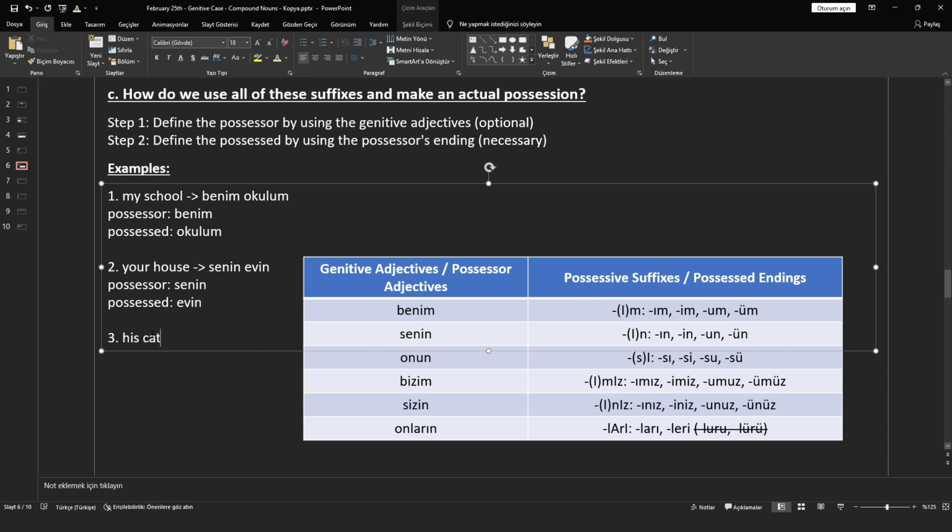Good example, his cat. Possessor here: his is onun. And the possessed noun: onun uses this s. We need to check the last letter. So kedi is cat. There's a vowel at the end, so we will use this buffer. Onun kedisi.